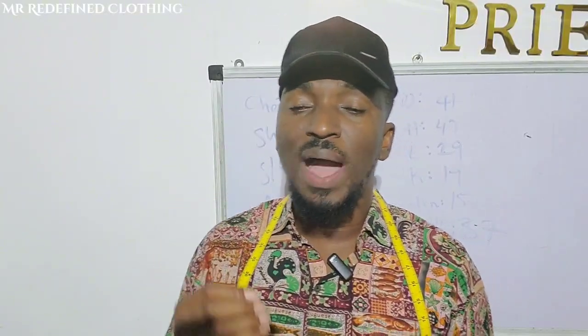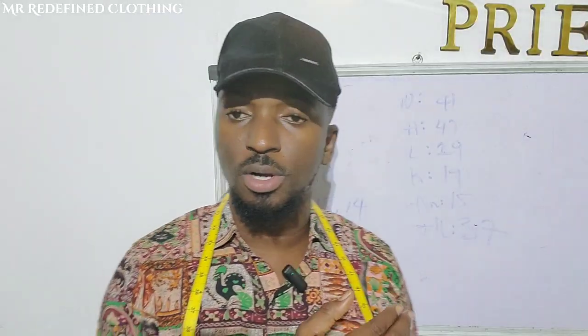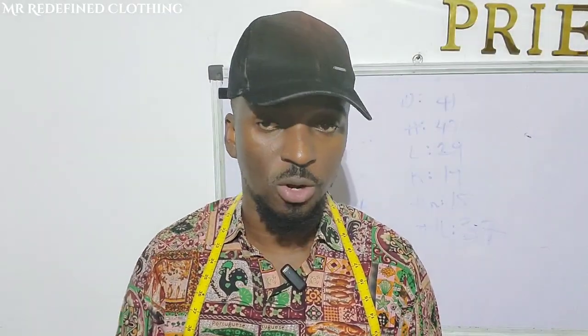Now, if you have a hip of 48, as we have 47 rather, on the board, but we are going to do it 48 for the drafting sake to make sure that the hip is properly covered, right? So let's say 48. If the hip is 48, for example, divide by 4, you have 12. Before you mark the 12, make sure that you cross-check the length of trouser.